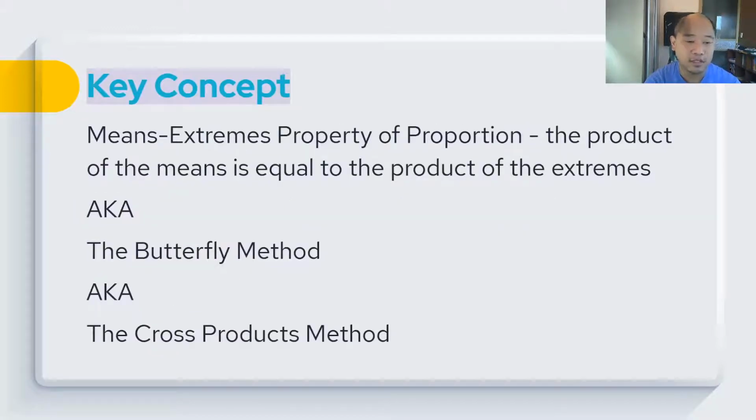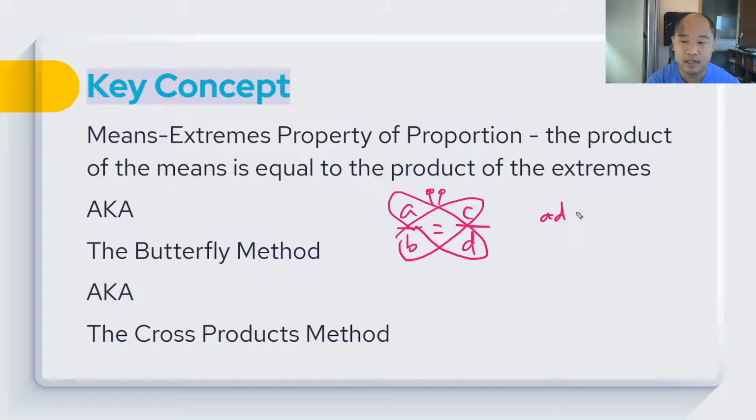So the means extremes property of proportion means that the product of the means is equal to the product of the extremes. This is also called the butterfly method. This is what I learned it as. And in this example here, if A over B is equal to C over D, then A times D is equal to C times B. See, it kind of looks like a butterfly, right?